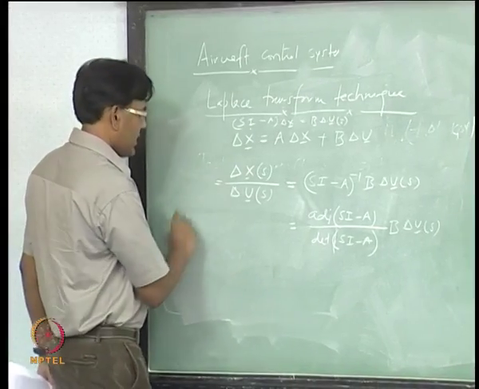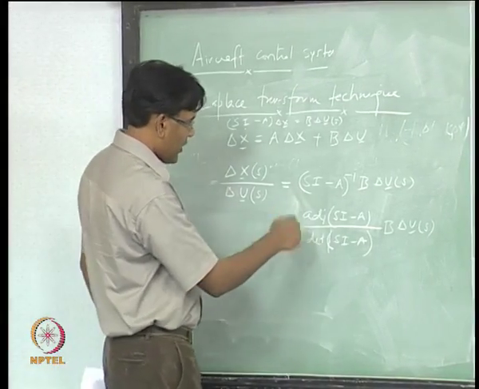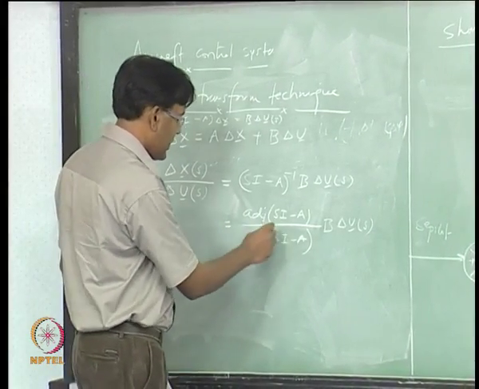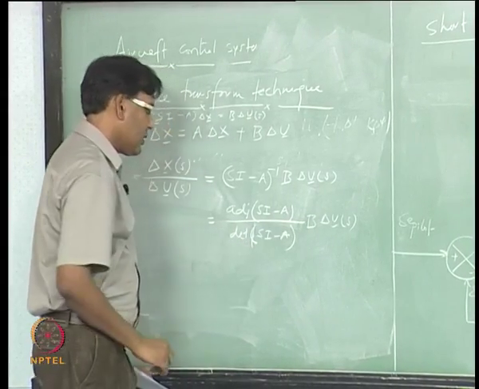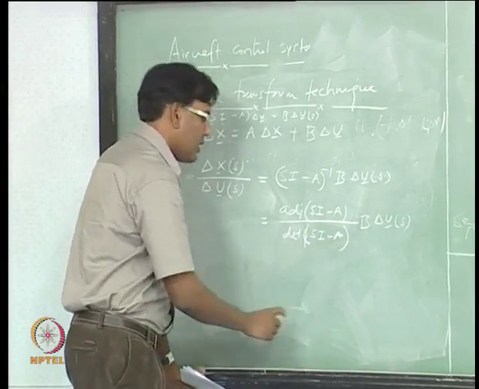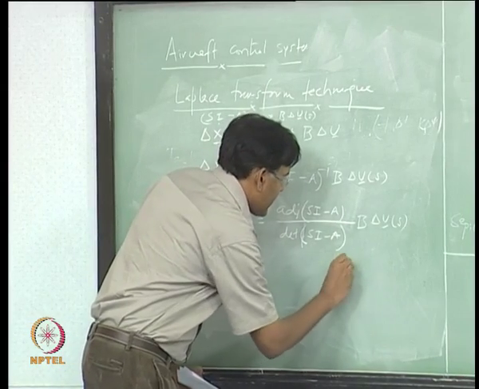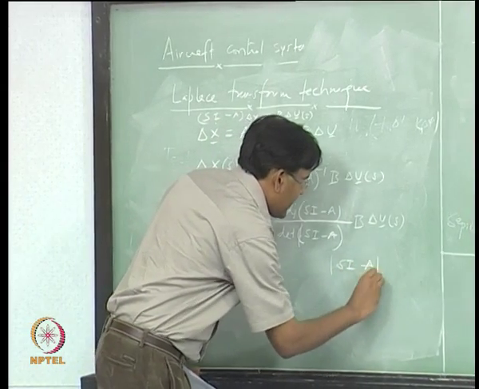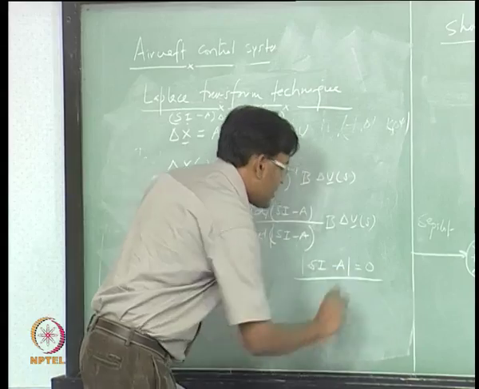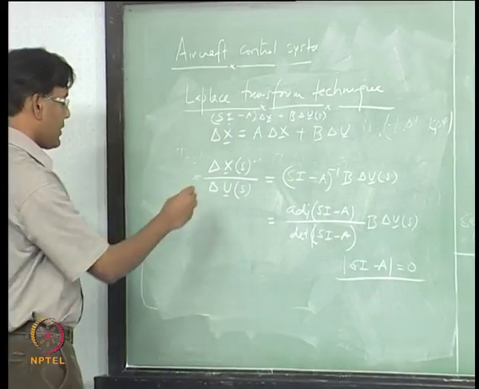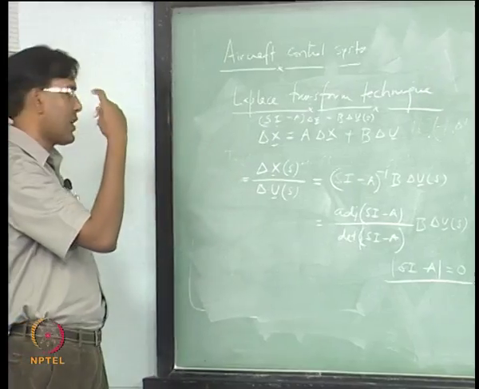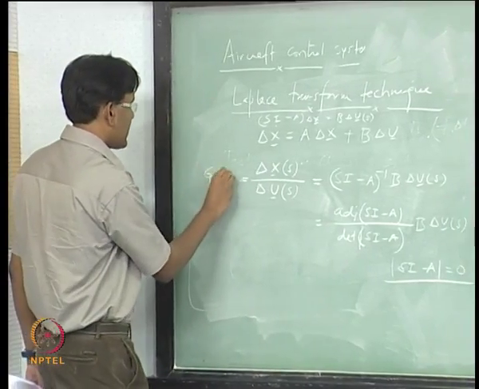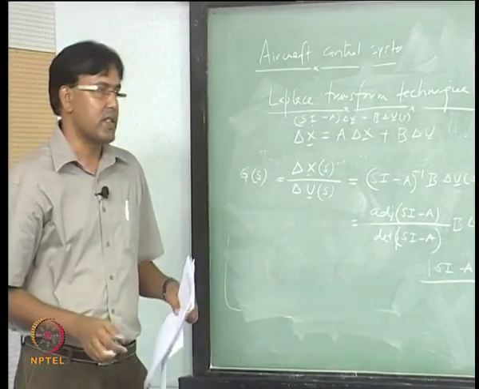We know that the open loop response is governed by the solution of determinant of sI minus A equal to 0, and this function which relates the input and the output is called the transfer function.